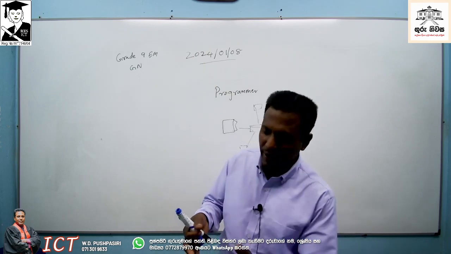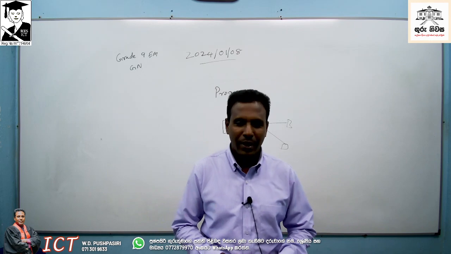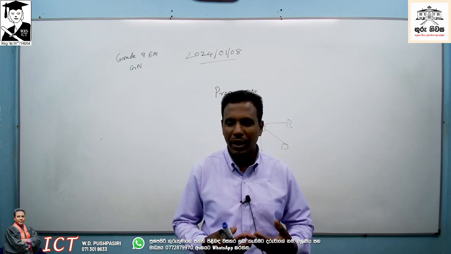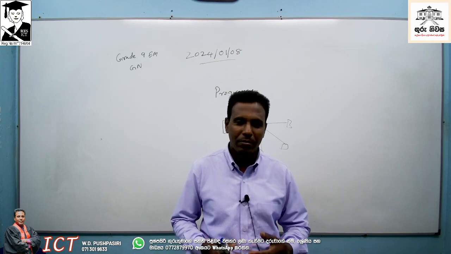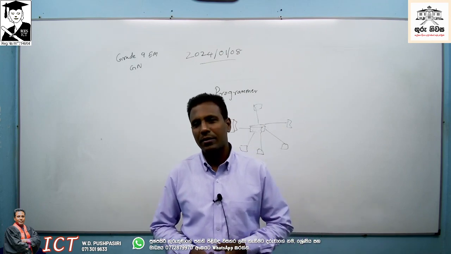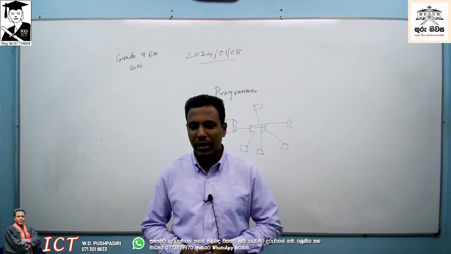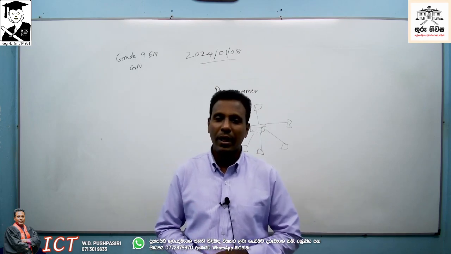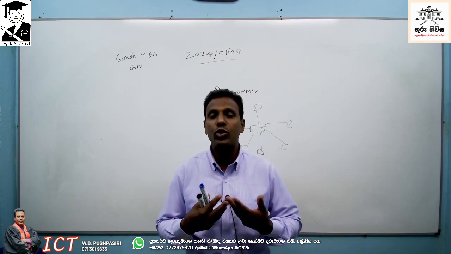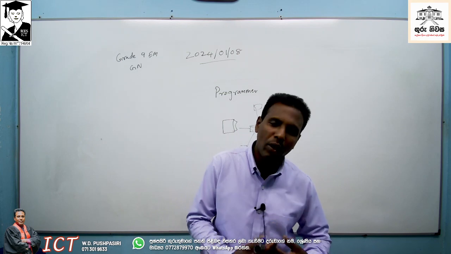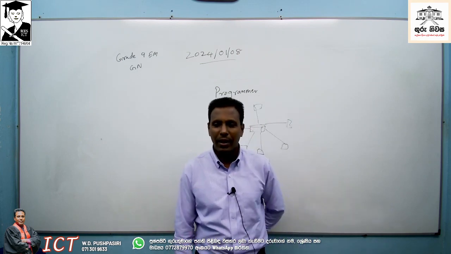So he wants a camera, he wants a mic, right? He wants software to communicate with the other people, and he needs the internet provider, ISP, internet service provider, right? And also finally he needs the knowledge to connect and talk with them, right? So those are the requirements he needs, right?